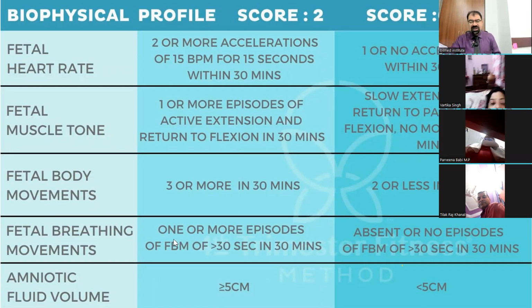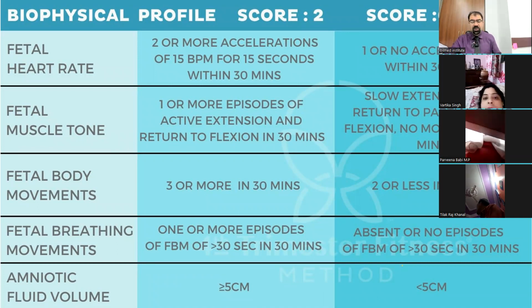If I see 1 or more episodes of fetal breathing movements lasting 30 seconds or more in 30 minutes, the score is 2. If it is absent or less than that, then 0. And amniotic fluid index: you know what the amniotic fluid index is and the difference from the maximum vertical pocket. So I am saying here amniotic fluid volume. If 5 and more, then 2. If less than 5, then 0.